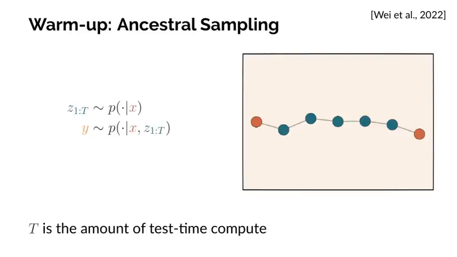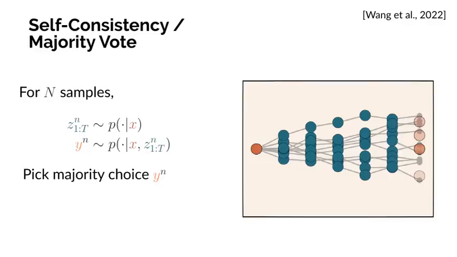In general, I use these graphs on the right to demonstrate how the chain of thought is being used in these processes. Many papers have noted that there is a way to get better answers to these problems. Instead of taking a single chain of thought and using it to produce the answer, we can instead sample n chain of thoughts. Once we have these n different chain of thoughts, we can take a majority vote in order to determine the majority answer.